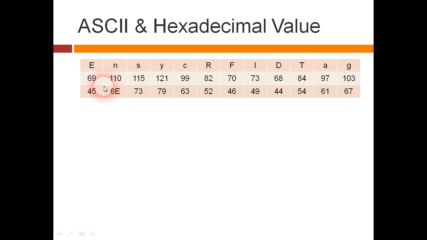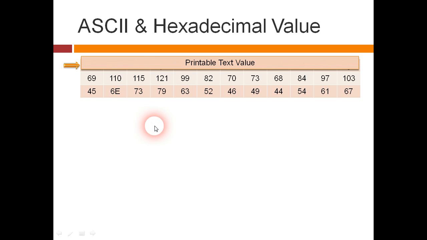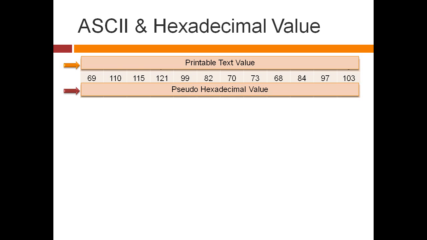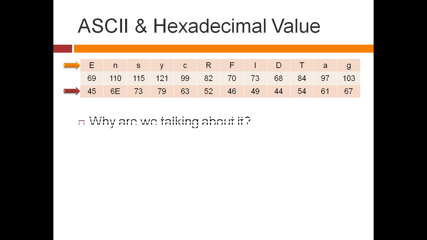In the third row, this is the same value, but in hexadecimal. So the first line is what I call a printable text value, and the hexadecimal row is considered a pseudo hexadecimal value. And why are we talking about this?